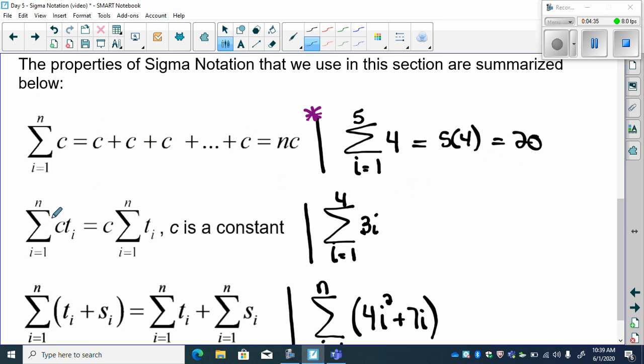If you have the next property, so in this case, c is just a constant.